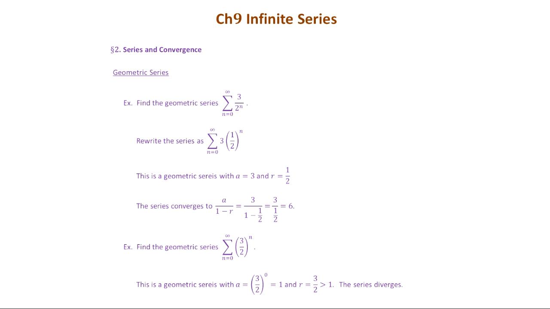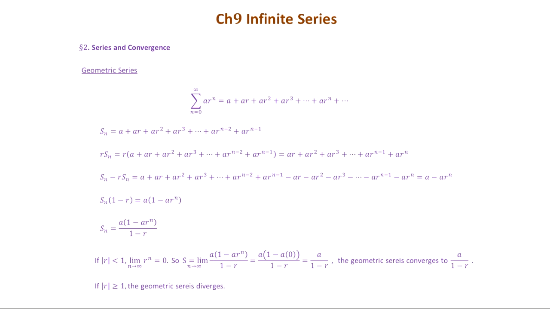If you compare this series with the standard form of a geometric series, you get a equal to 3 and r equal to half. Remember, the general term has the form a times r to the n. Then you look at r equal to half. The absolute value of r is less than 1, so the series converges, and the formula for the sum of the series is a over 1 minus r.